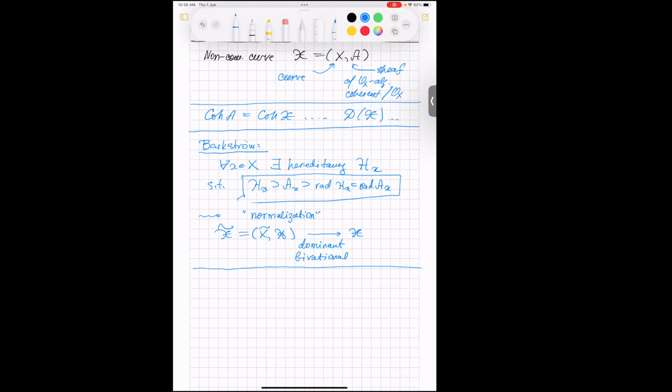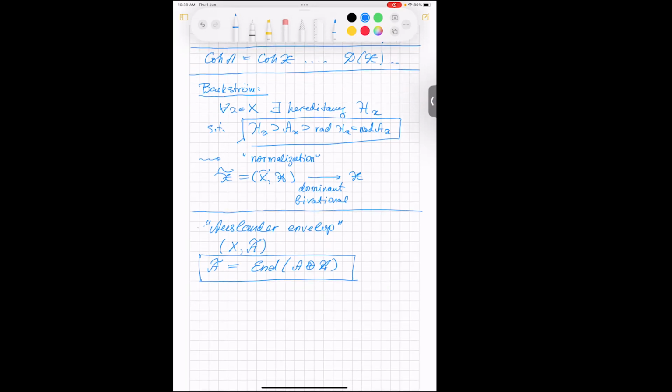It gives very little information, but we can consider the so-called Auslander envelope. Namely, we consider the following thing: (X, A tilde), where A tilde is the endomorphism ring of A plus H. Here it is the sheaf of endomorphisms of the direct sum of A and this normalization.